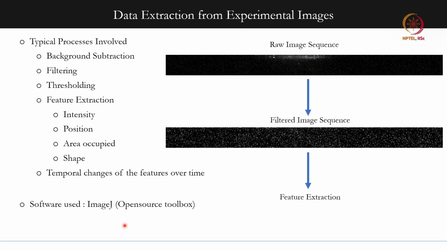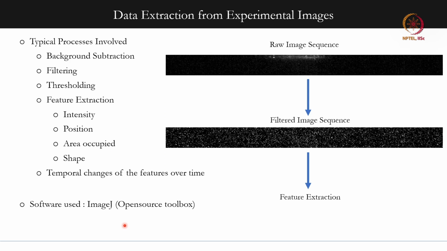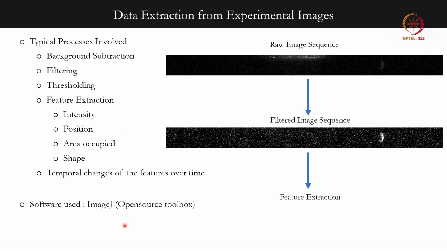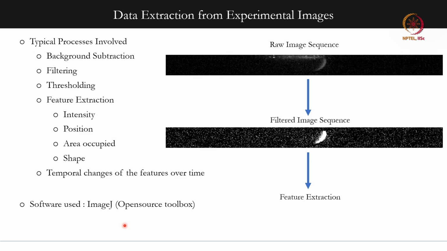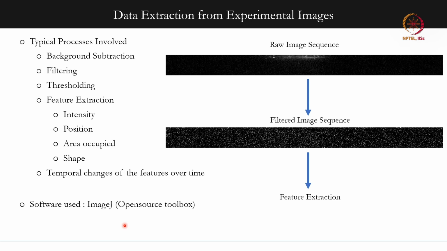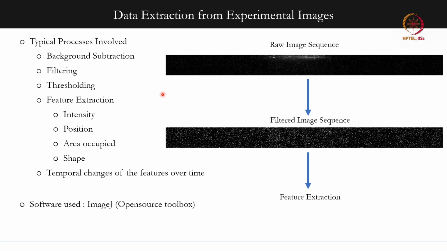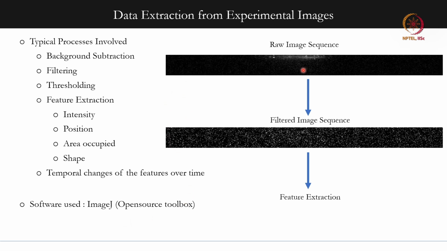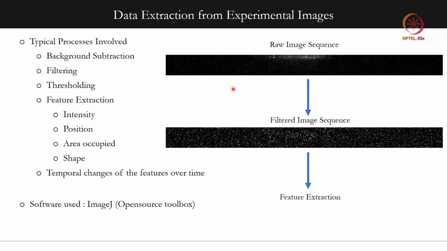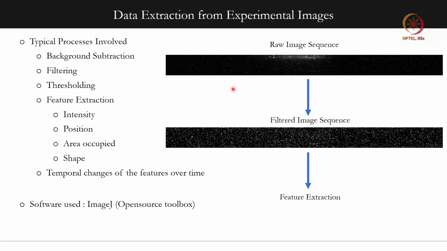Okay, so now we look into how we can clean up image data so that we can extract features of our interest from that data. Here I'll be doing it using an example. I am showing a raw image sequence of a flame that is propagating inside a channel.